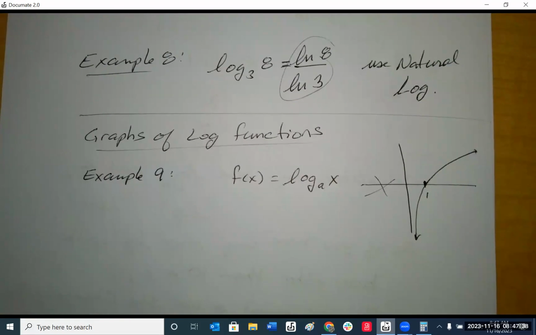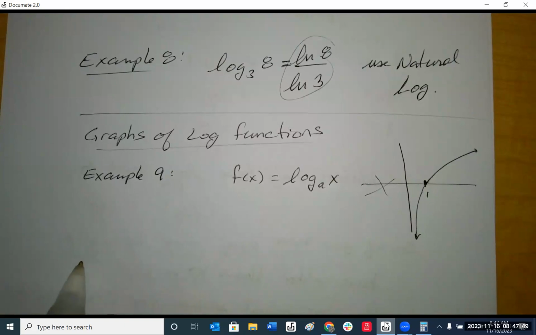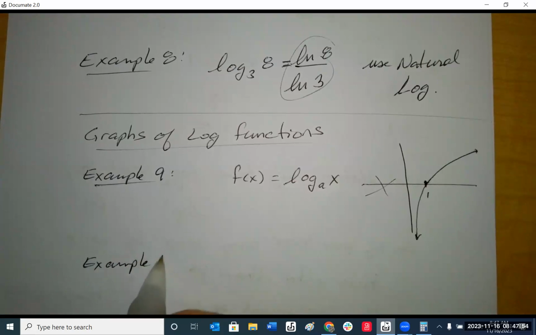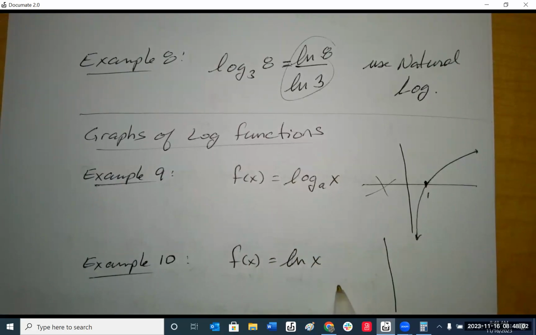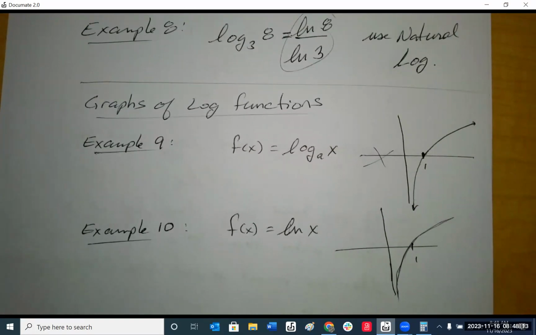Looks like that. The only difference is if it's a log base, whatever, it changes amplitude. And you have to find some points there using a calculator. Same thing with example 10. The function is ln of x. Crosses through 1. Has a vertical asymptote at x equals 0.